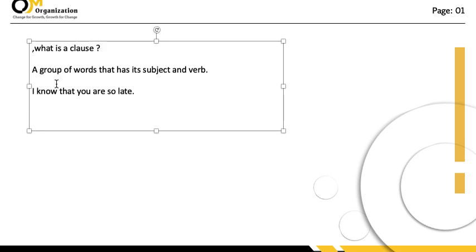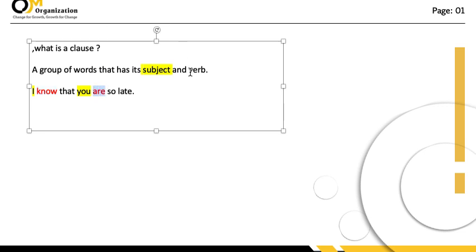How many subjects do we have here? We have our first subject, which is I, then we have our second subject, which is you. Then, how many verbs do we have? We have our first verb, which is know, the main verb, and we have our to be verb, which is are.